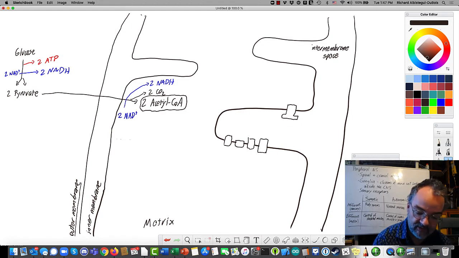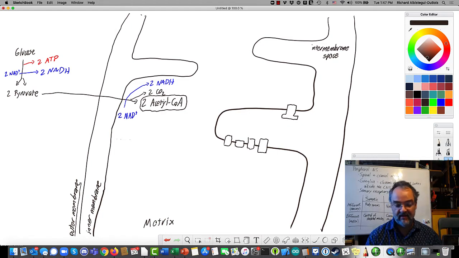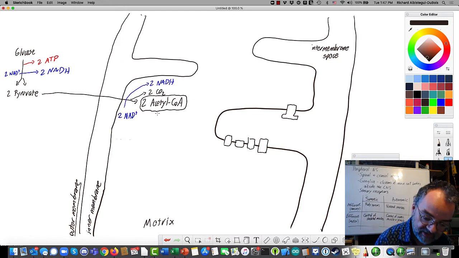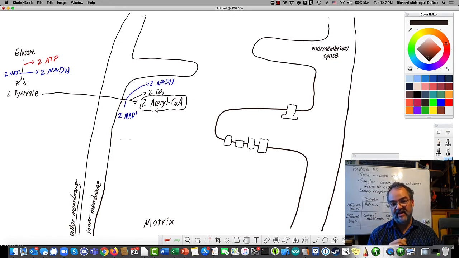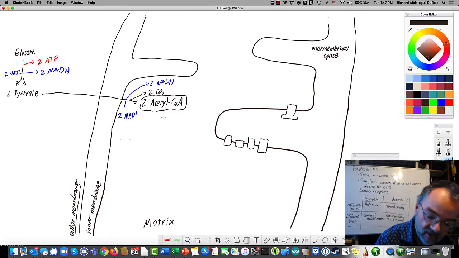What I want to go with is what happens to the acetyl-CoA. Acetyl-CoA runs through this thing we call the Krebs cycle, which is a complex series of reactions that happens in the mitochondrial matrix, where each acetyl-CoA reacts with the end product of the previous Krebs cycle to go into the next cycle. We usually draw that something like this.